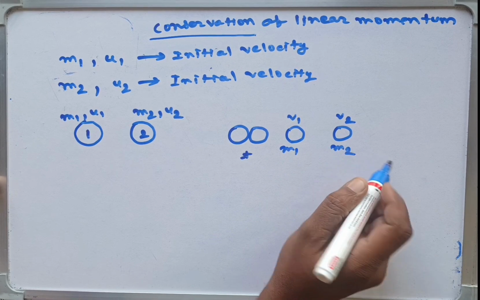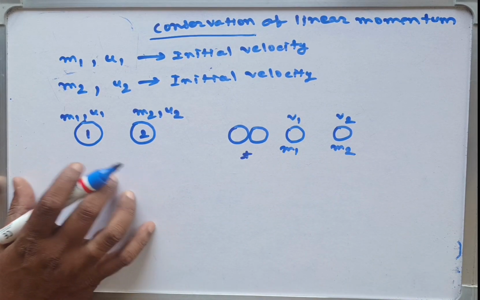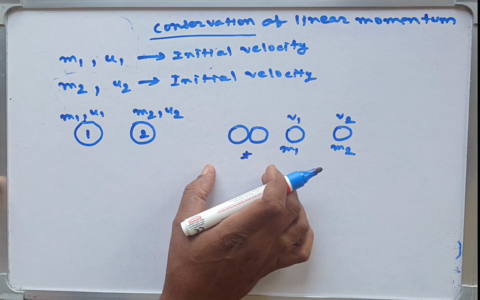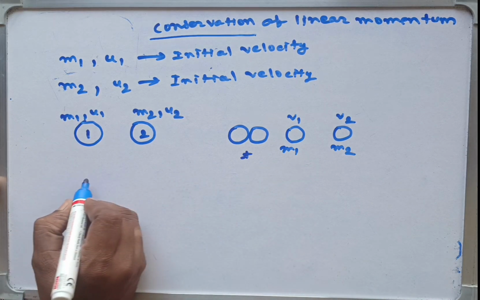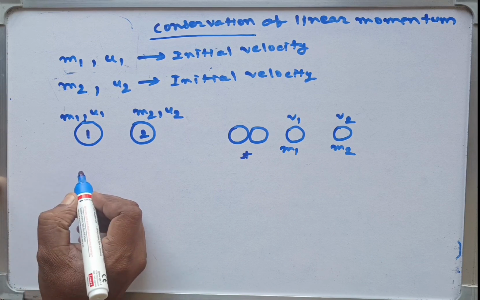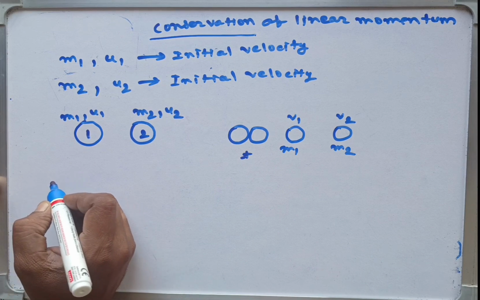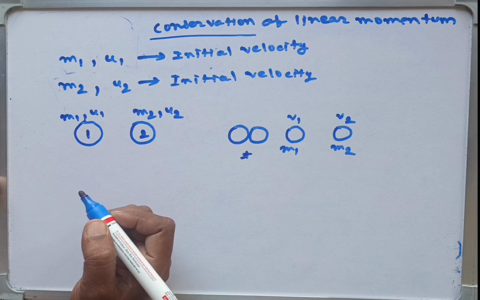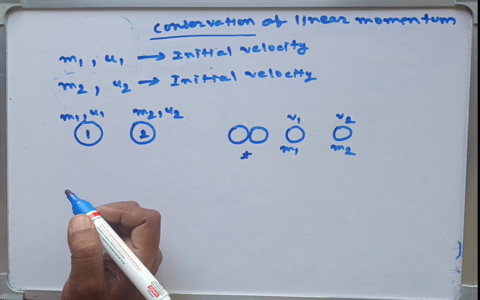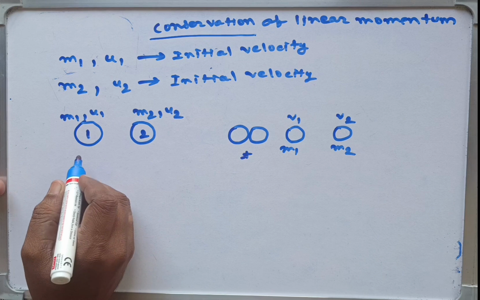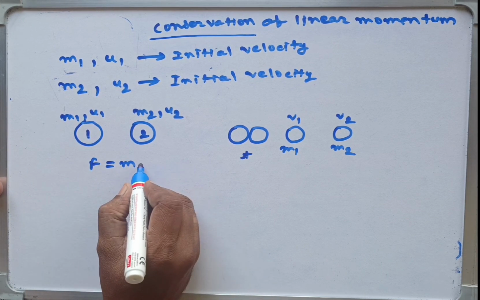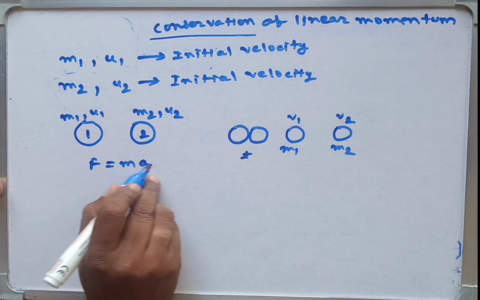So what do we write about the force during the collision? We read in our previous lecture, force and laws of motion, the link of which is given in the description box, that F equals mass times uniform acceleration a.